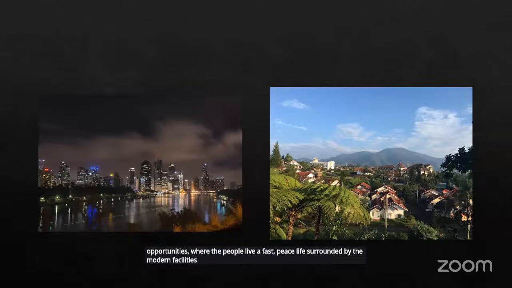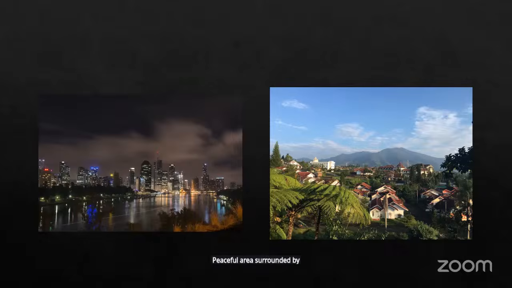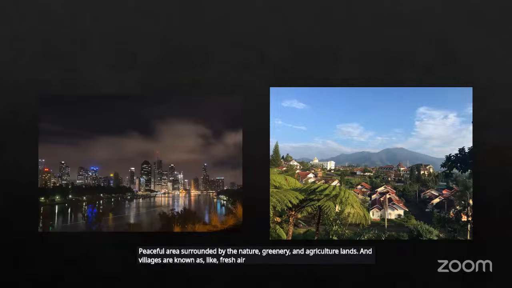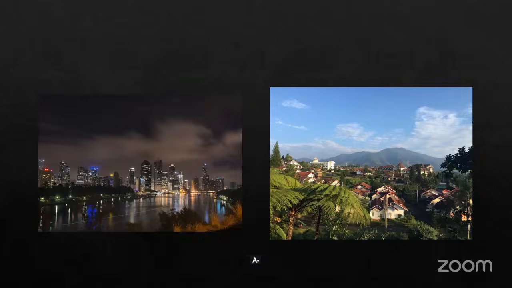And in the second picture I see a village, and the village is a very peaceful area surrounded by nature, greenery, and agricultural lands. Villages are known for fresh air, a simple lifestyle, strong community relationships, and natural beauty. Villages depend mainly on farming and traditional occupations for their livelihood.